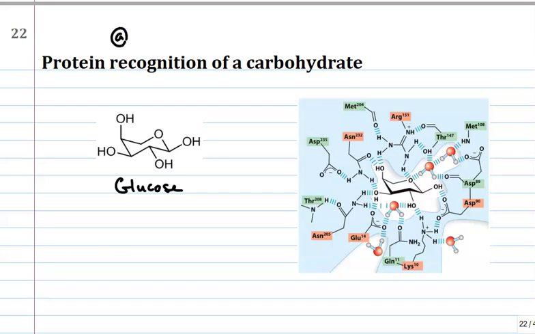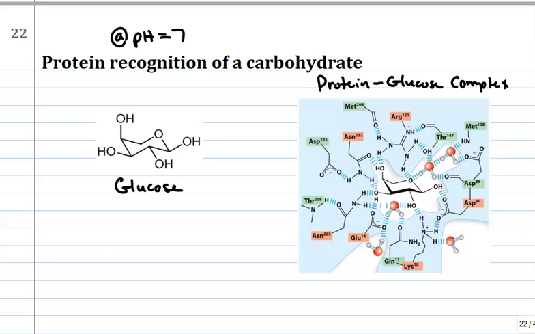Again, let's just say we're at pH 7 to be very clear about this. Now, which amino acid side chains in a protein might be involved in binding glucose? Well, here we go. Here is a protein glucose complex.